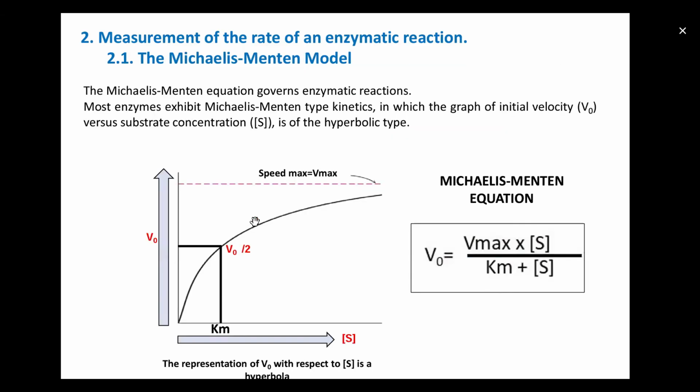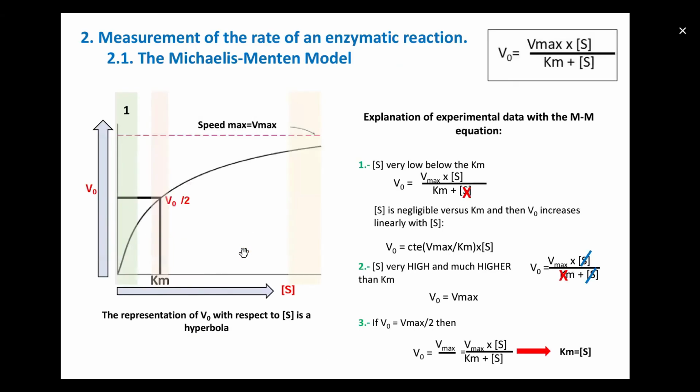Then the next thing is the Michaelis-Menten constant, where we also talk about the hyperbolic shape of the curve, the measurement of the rate of enzymatic reaction.